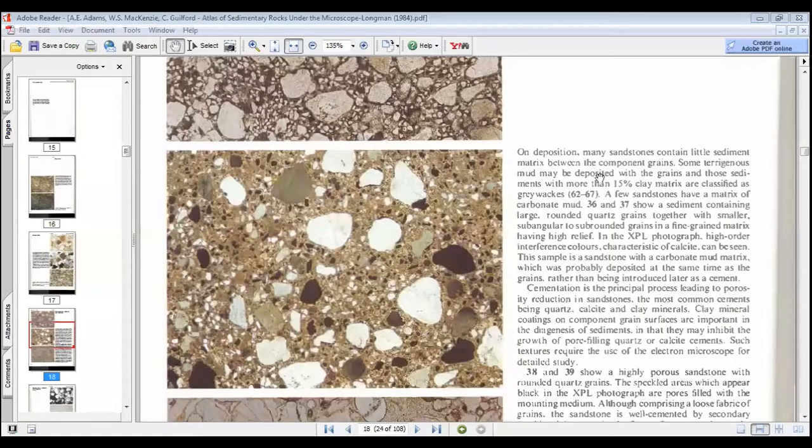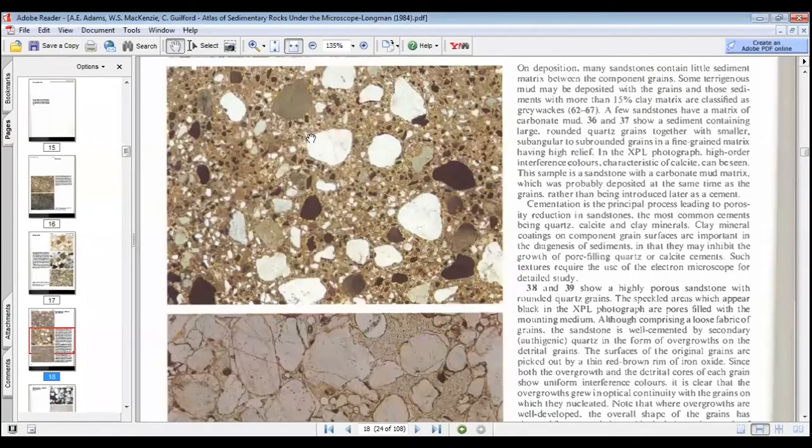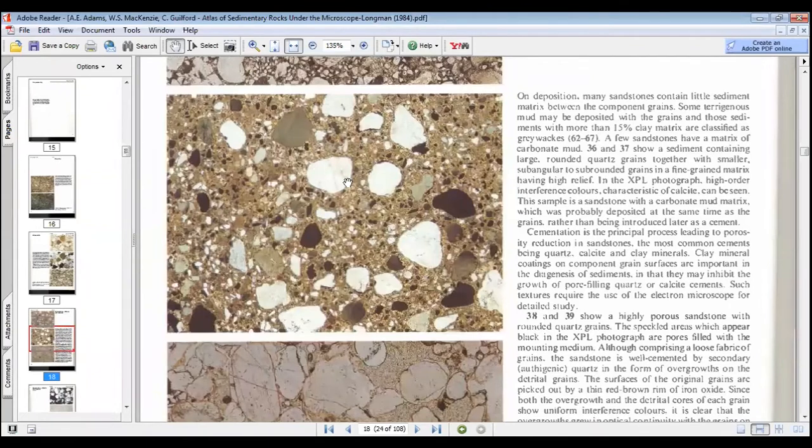So a few sandstones are present, and you can see that there are sand grains, and they are rich in matrix. You can see fine, grainy material of yellowish color that is encircling these angular sand grains.